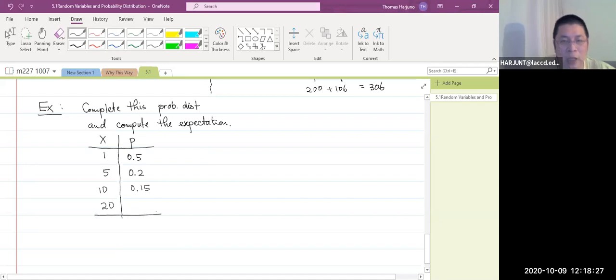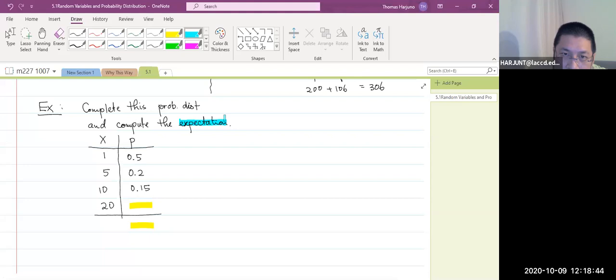Let's say we have this table. I want to complete this first, so you need to find this and this, and then find the expectation. Do you think you can do this if I give you, let's say, 3-4 minutes?